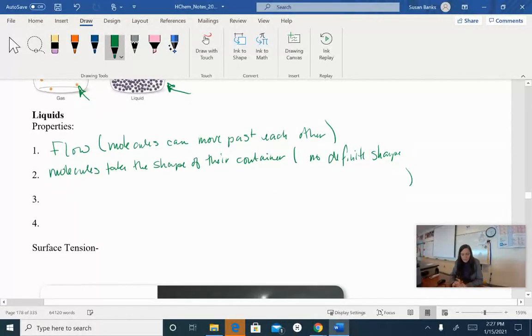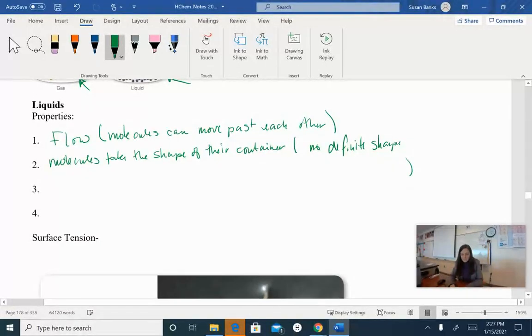Do molecules in a gas or in a liquid take the volume of their container? No, they don't. I can still have a container that's half full of water or half full of milk or half full of oil, okay? They have a definite volume.